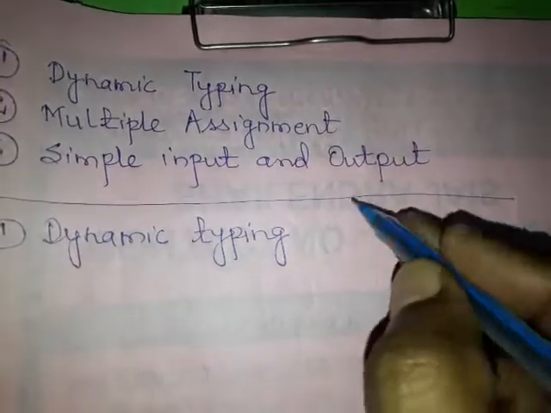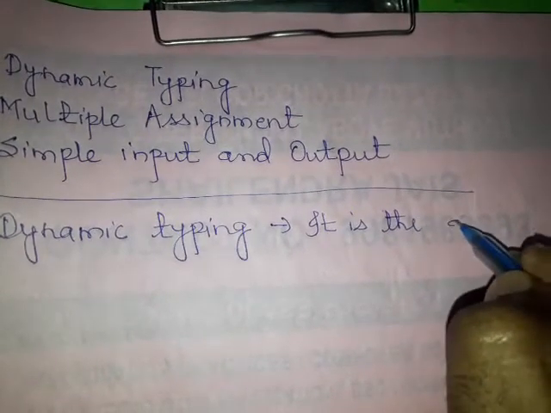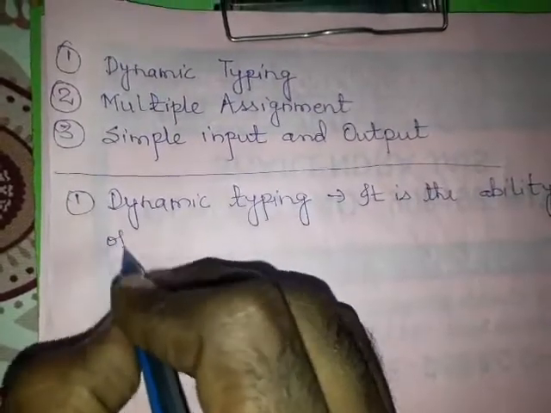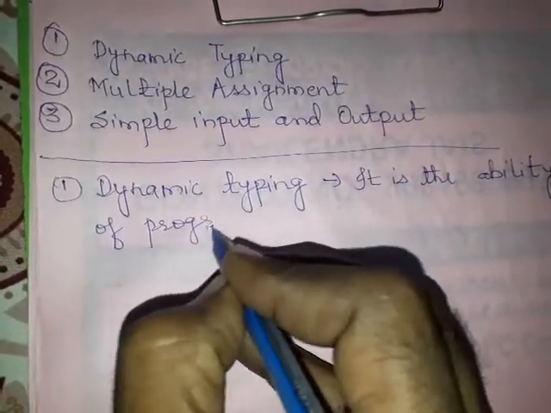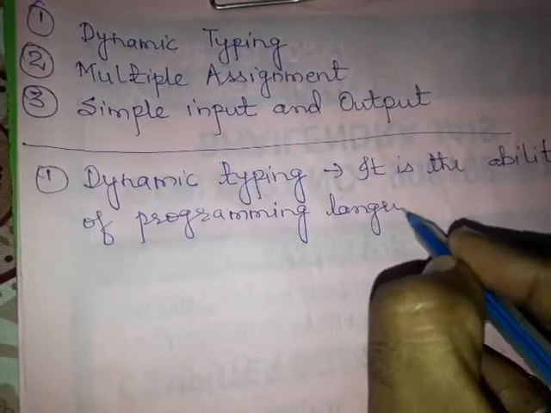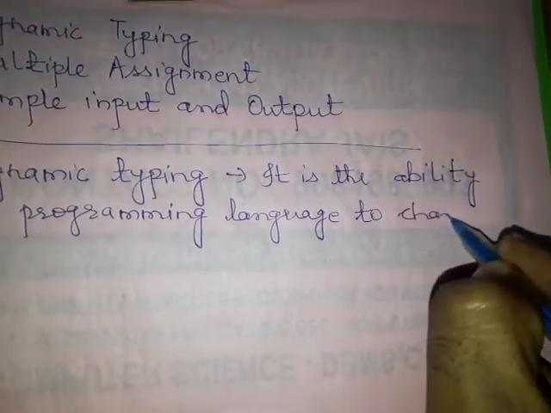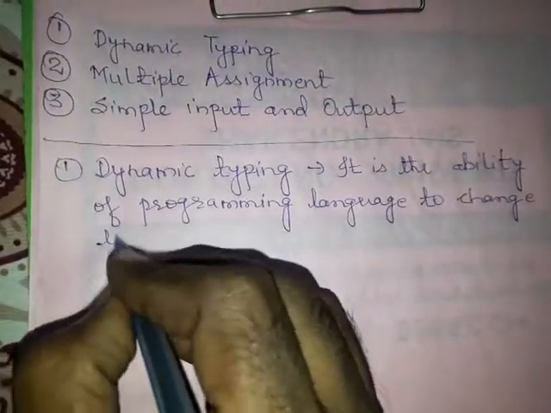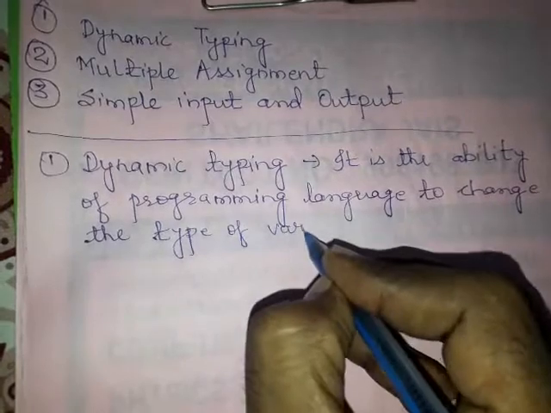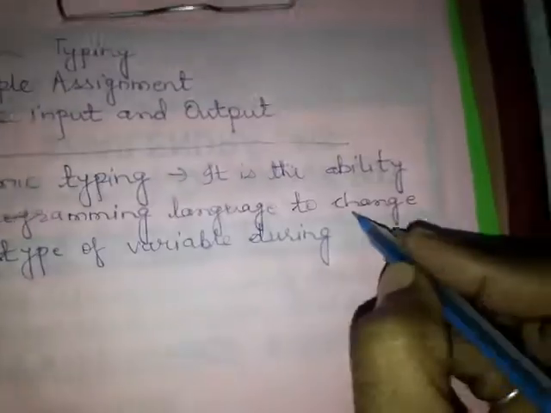It means it is the ability of a programming language to change the type of variable during runtime.